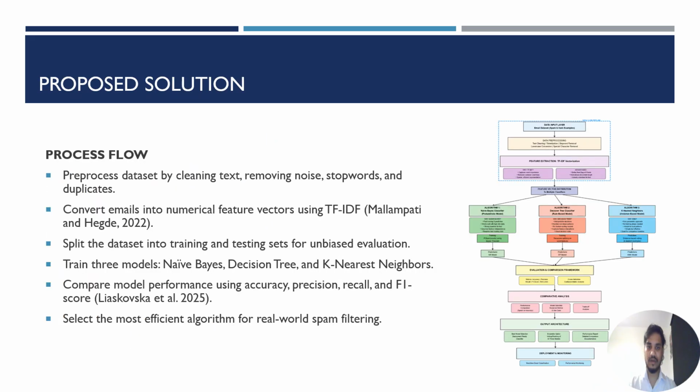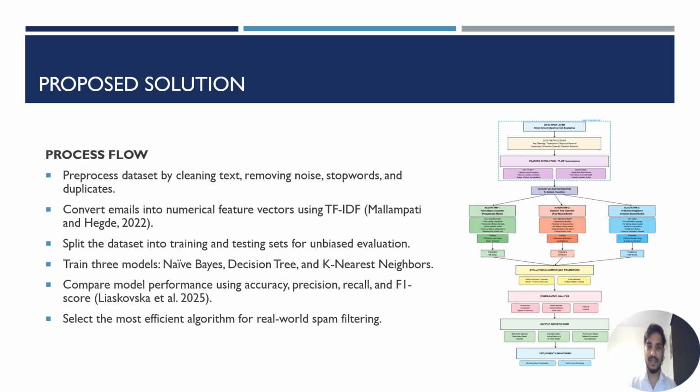And coming to the proposed solution, it begins with pre-processing the dataset by cleaning the email text, removing noise, stop words, and duplicates to ensure high quality inputs. Next, the emails are transformed into numerical feature vectors using TF-IDF, allowing the models to understand text patterns effectively.